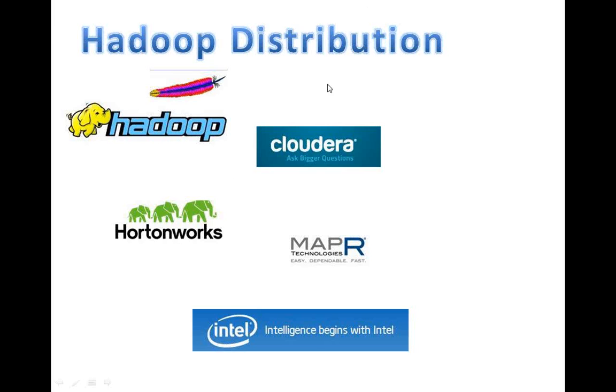So these are the Hadoop distributors. Hadoop distribution is presently being done by Cloudera, Hortonworks, MapR, and Intel. If you want to work with Hadoop, either you can work with Apache Hadoop, or go for Cloudera Hadoop, Hortonworks, MapR Hadoop, or Intel Hadoop.